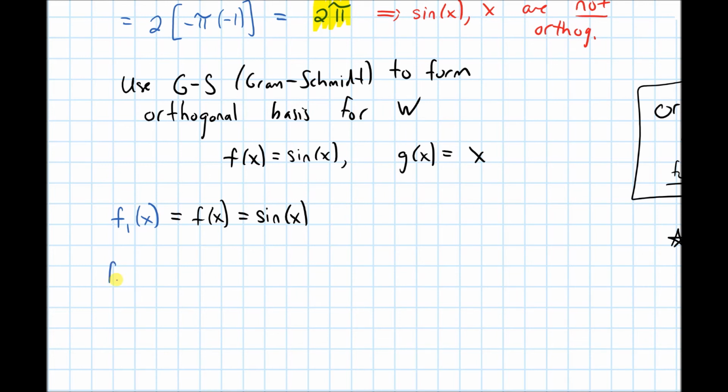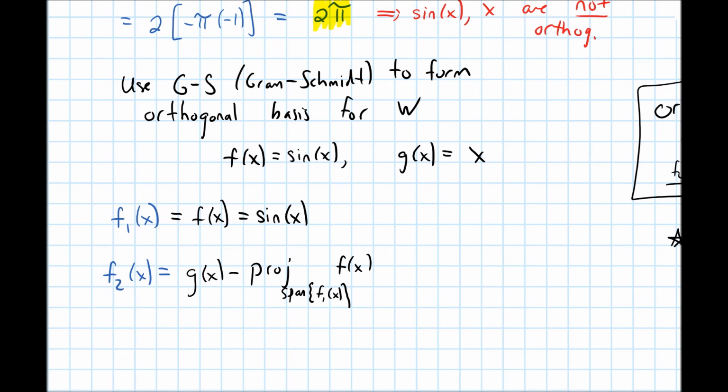And then f2 of x will be the second function in our linearly independent set, that's g of x, minus the projection of g of x onto the span of f1 of x.